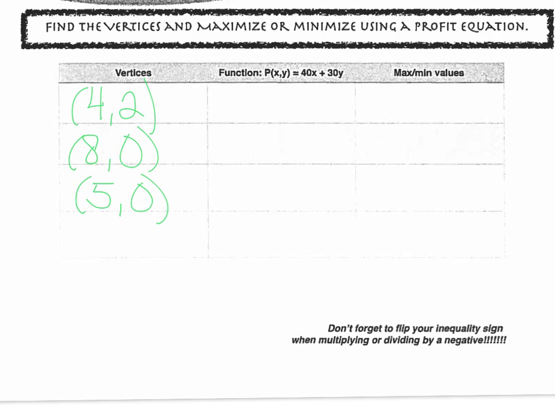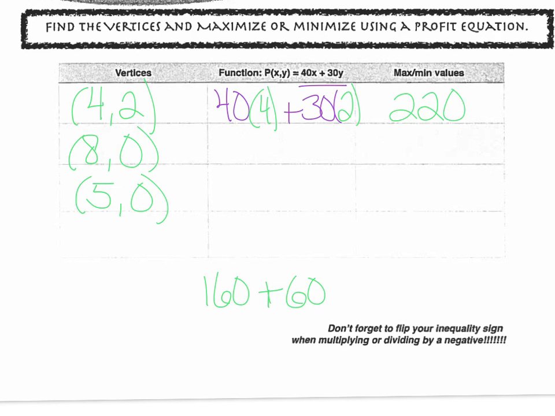So it's very simple. Once you find your vertices, all you have to do is substitute them into this equation here. So the first one would be P of 4, 2. Profit is what P stands for. And so we're just going to substitute 40 times 4 plus 30, and then instead of y, we're going to put in 2. And so this would give me 160 plus 60, or 220.